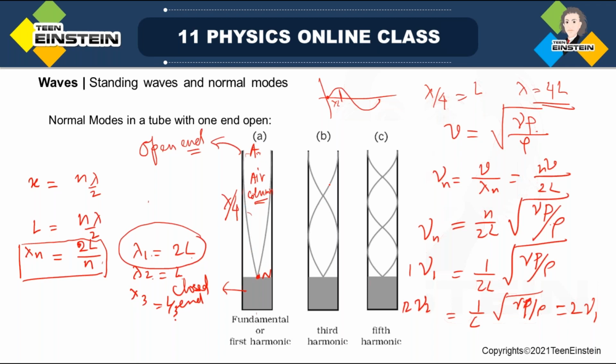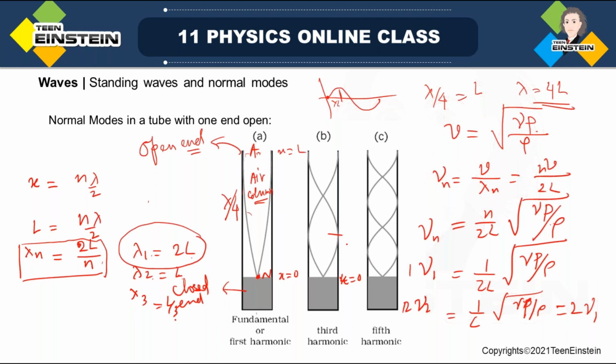Okay, so in this case, we can check the third harmonic. For the first harmonic, x is equal to L. Suppose x is equal to 0, then there will be an antinode.